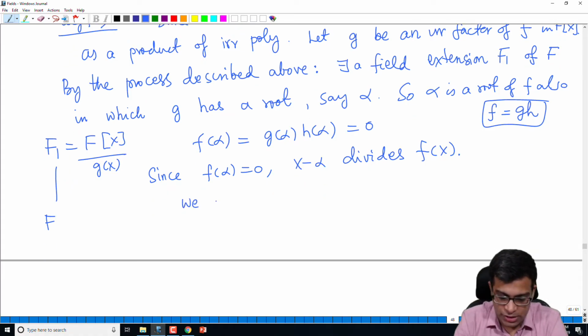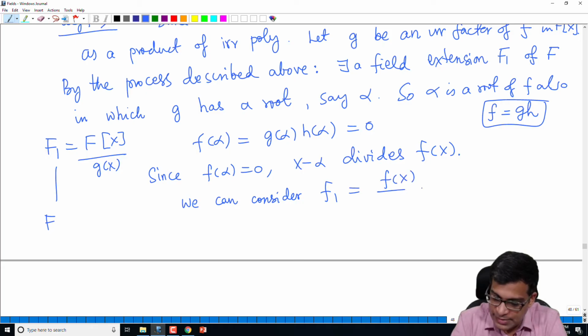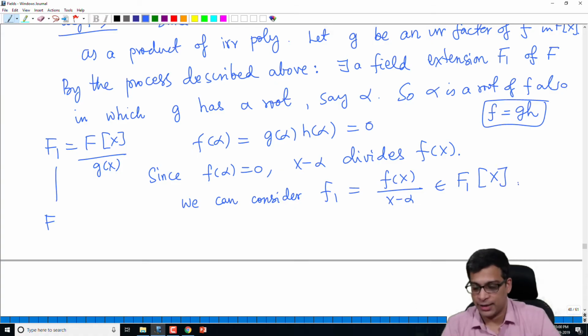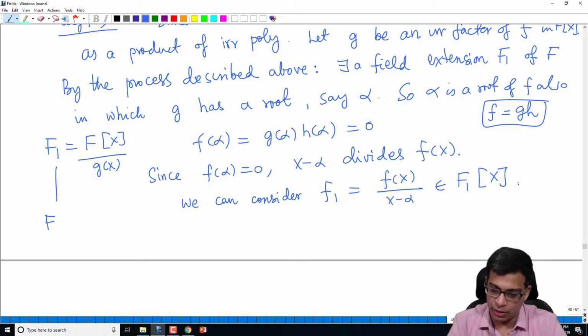So we can now consider f1 to be f(x) divided by x minus alpha. This is in F1[x], because alpha is only in capital F1. Right?